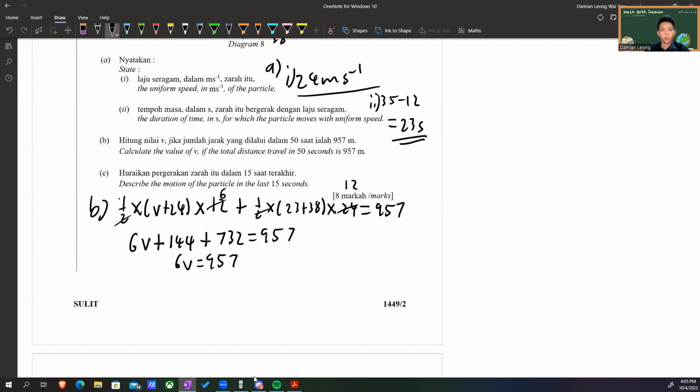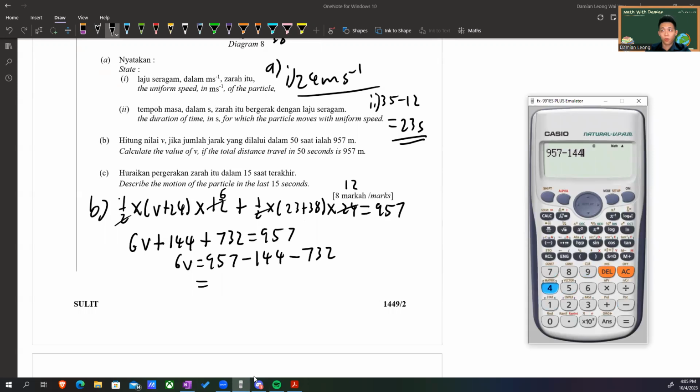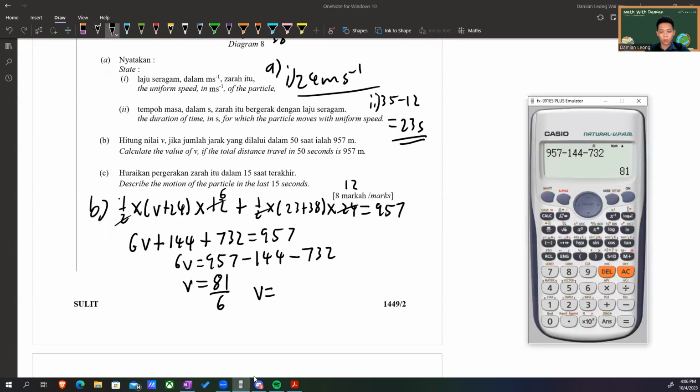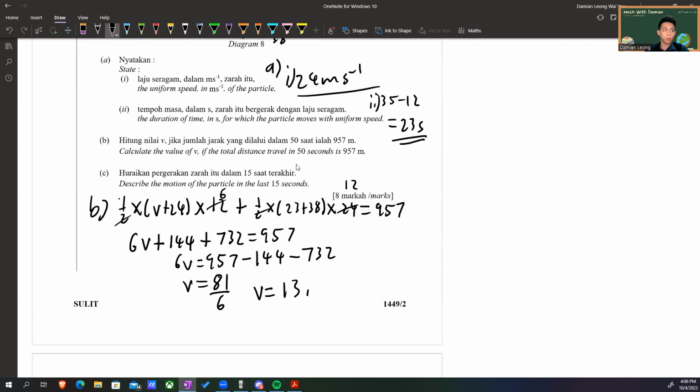So bring over the 144, positive plus becomes minus, and the 732 also becomes minus. 957 minus 144 minus 732 is 81. Bring over the 6 times 6, opposite, divide by 6. V is 13.5. That's the value of V.